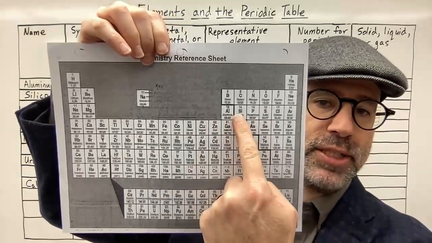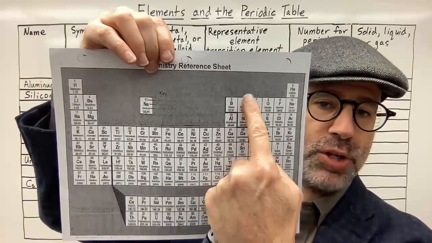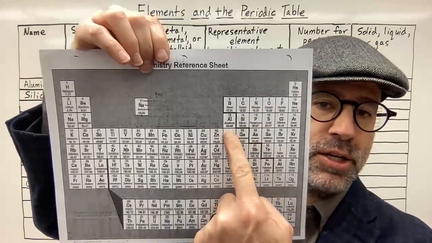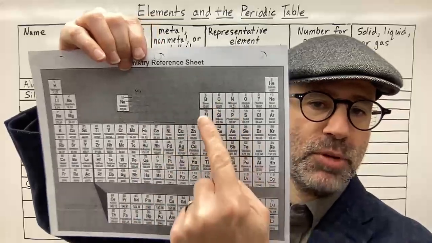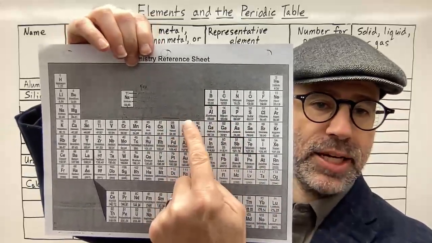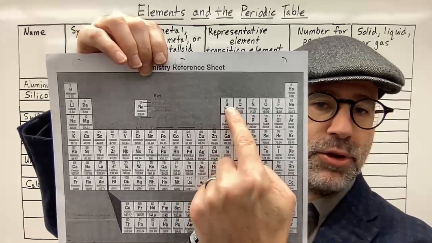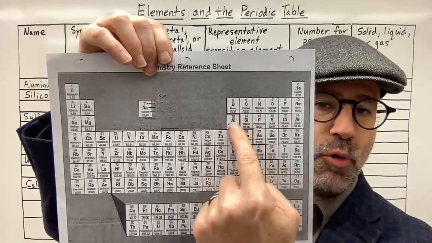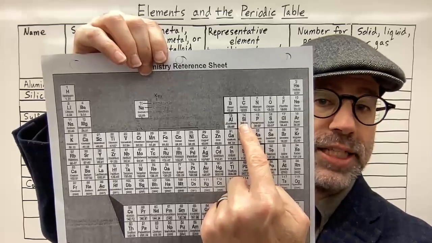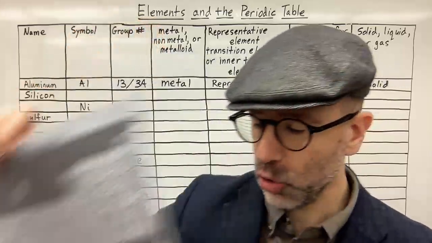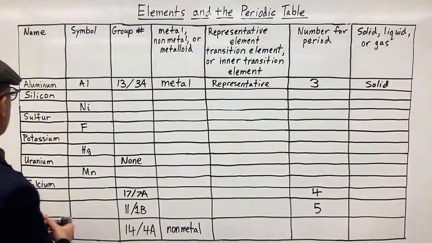And you'll notice that as far as groups go, it's in this group with carbon. So you can count the group numbers 1 through 18, right? So 1 through, this will be 12, 13, 14. So it's in group 14 or it's in group 4A. So we can fill in that information.